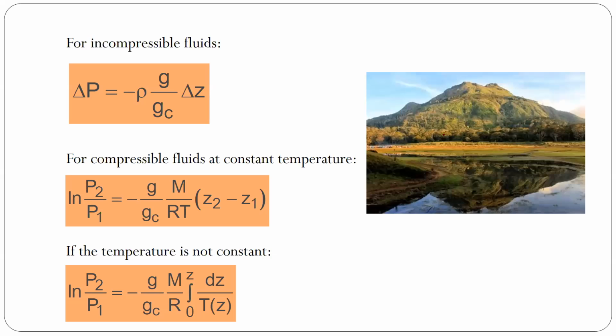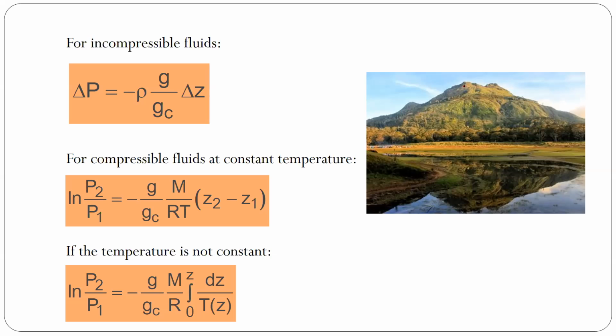The second equation can be used, let's say, if you want to get the pressure at the top of this mountain here, and this is actually a beautiful picture of your Mount Apo in Davao, all right? So use this equation to get the pressure at the top or at any point in that elevation.